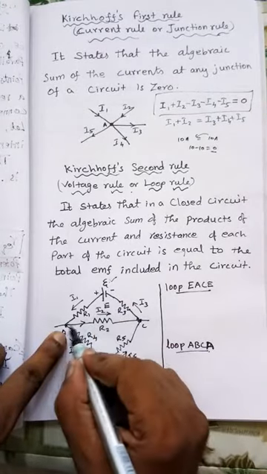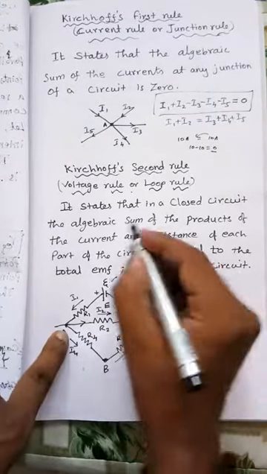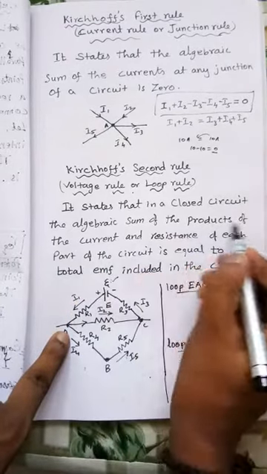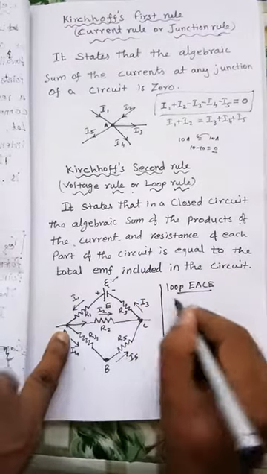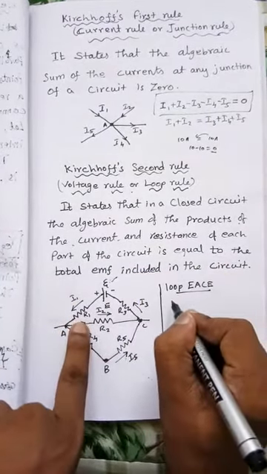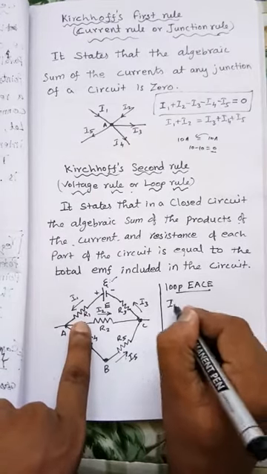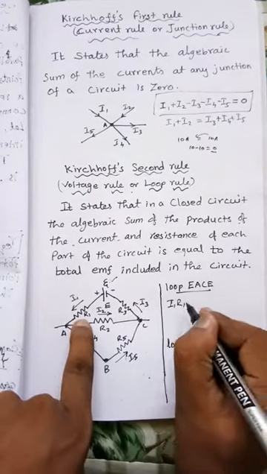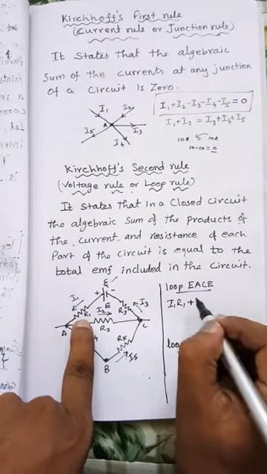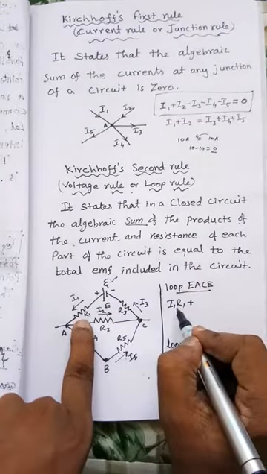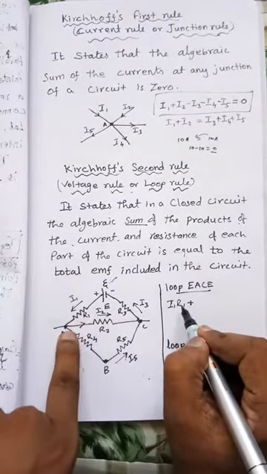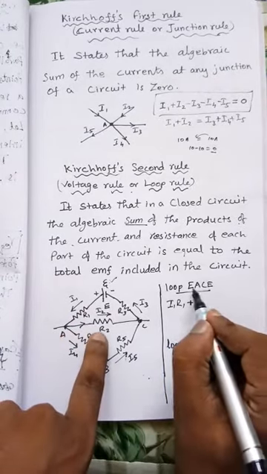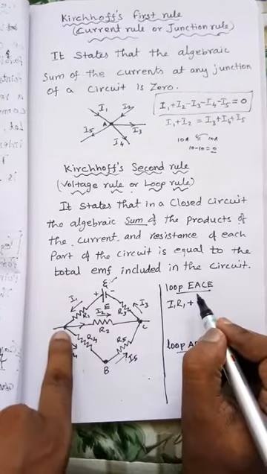E, A, C, E. According to the rule, take the sum of the products of current into resistance. First I1 R1. Next we move to EACE, this circuit only, AC.